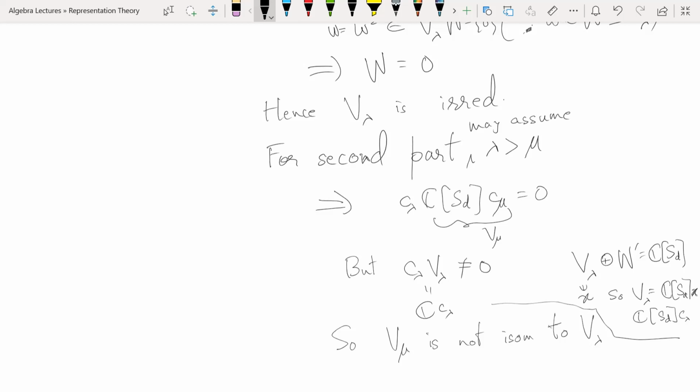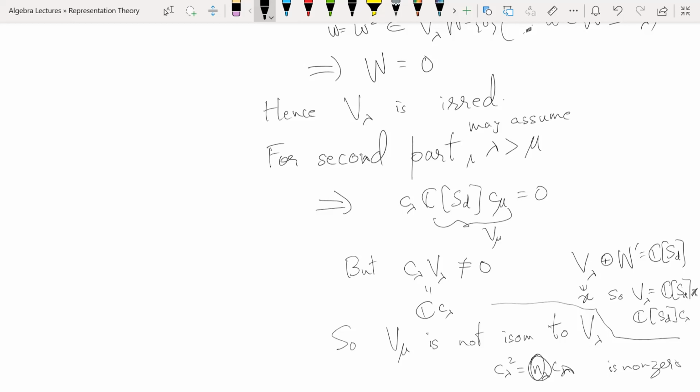Okay, so that will complete the proof that V lambda is different from V mu. It also proves that C lambda squared is n lambda C lambda, where this n lambda is non-zero.